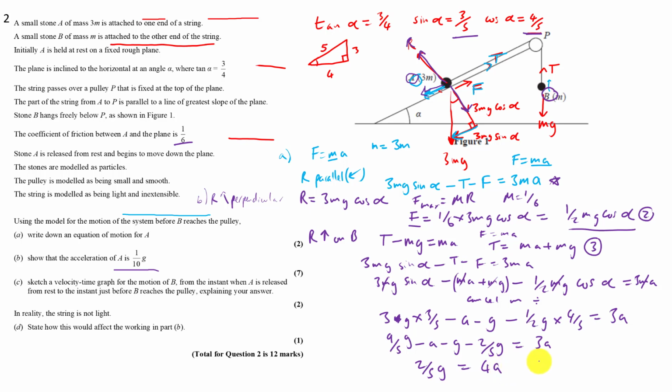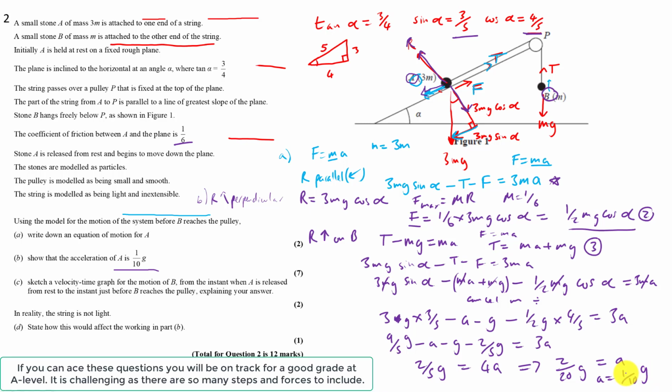So divide that by 4, you're going to get 2 over 20g equals a, so a equals 1 over 10g. And that's finally done. Now that is quite complicated and easy to make mistakes. So that is a really challenging question. Do try it just so you've got the skills to earn some method marks for the future. But you've done it. Remember to go back to the beginning and try this question again on your own and see if you can get it right.